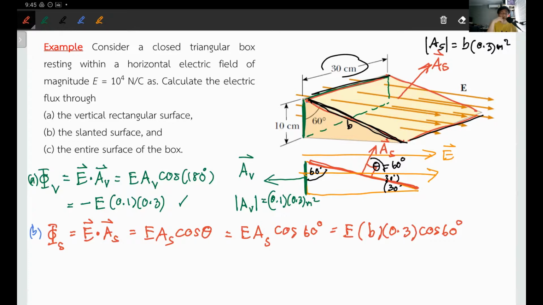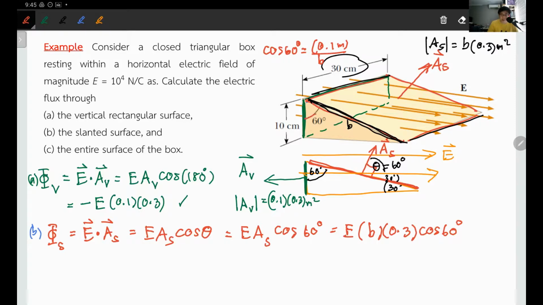Okay. So far so good. The question is, what is B? What is the length B? But then we can do trigonometry. You can use the 60 degrees. You can say that the cosine 60 is the adjacent over hypotenuse. So adjacent is 10 centimeters, 0.1, over hypotenuse is B. You guys with me, yeah? Look at the right triangle over here.